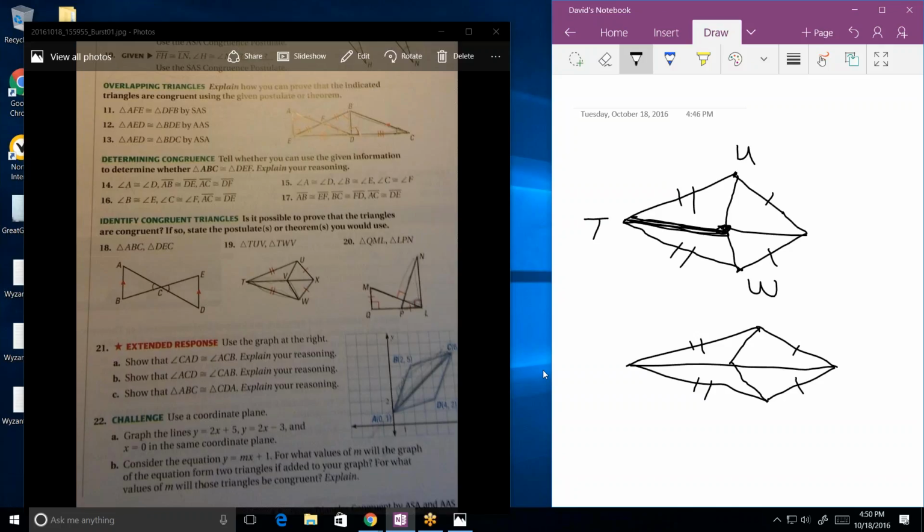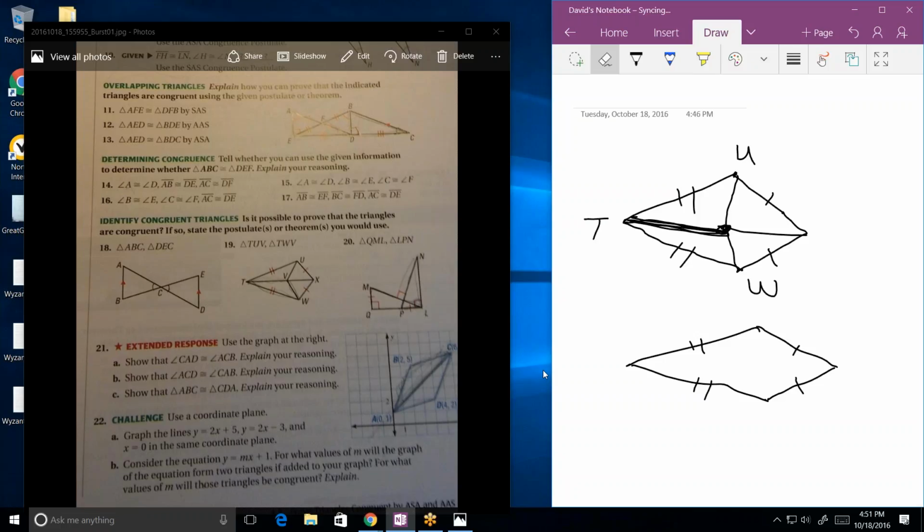In other words, this is congruent to that based on side, side, side. Well, hold on a second. Based on what? Hold on a minute. This is a tough one. Then again, we don't know that UV and WV are the same length.